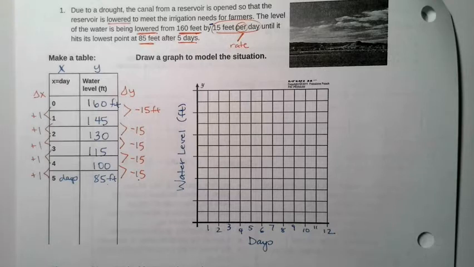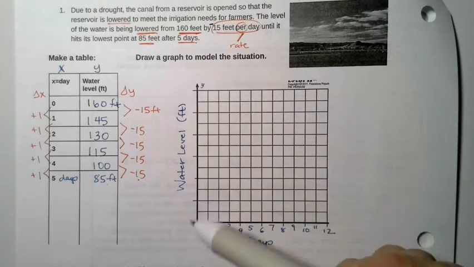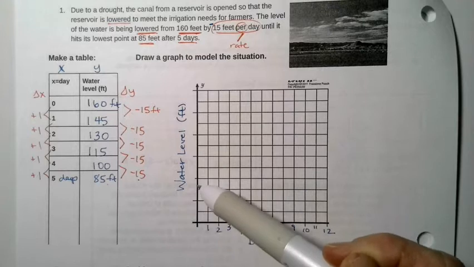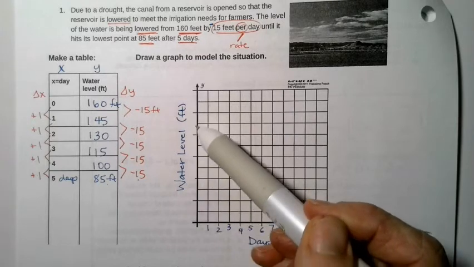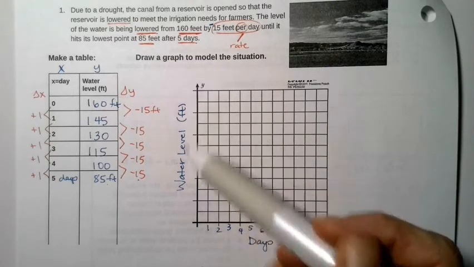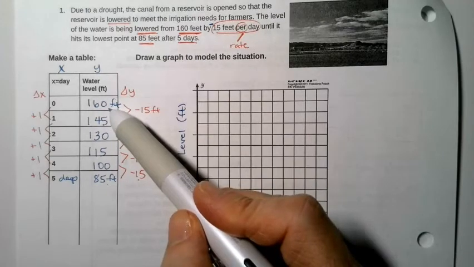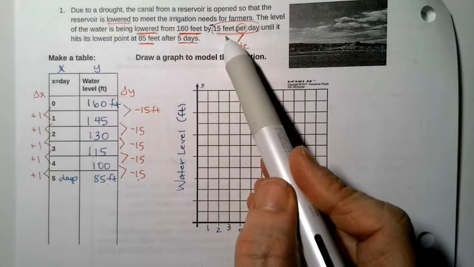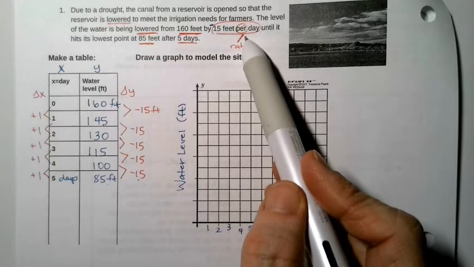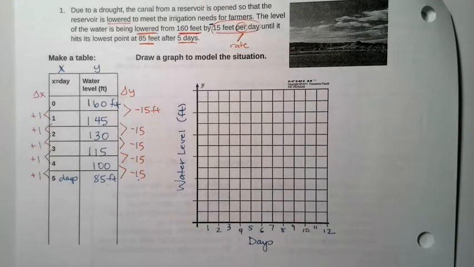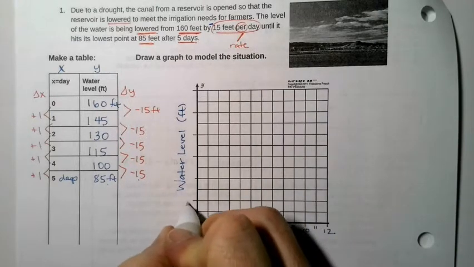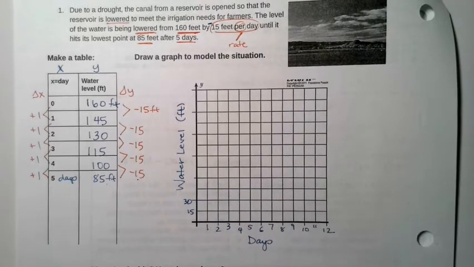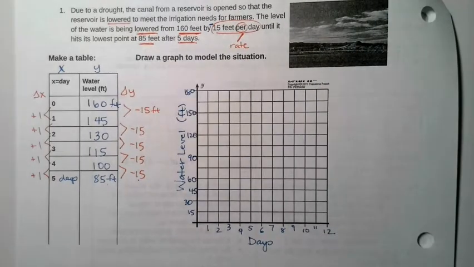And in order to go on my water level, if I go by tens, 10, 20, 30, 40, 50, 60, 70, 80, 90, 100, 110, 120 isn't going to quite measure for this. And because our rate here is 15, I decided to go by 15s. So 15 feet, 30 feet, and so on up my graph.